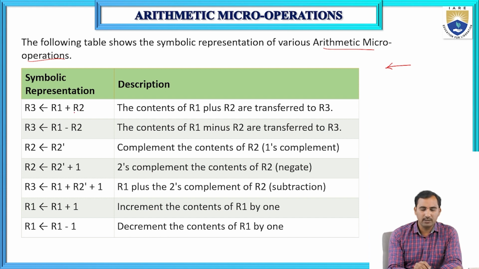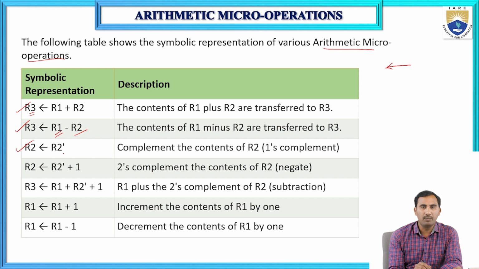In this, the contents of R1 are added with the contents of R2, then the resultant value is transferred to the register R3. This is addition. Next one, subtraction. Here the contents of R2 are subtracted from the contents of the R1 register, and the result is transferred to the register R3.